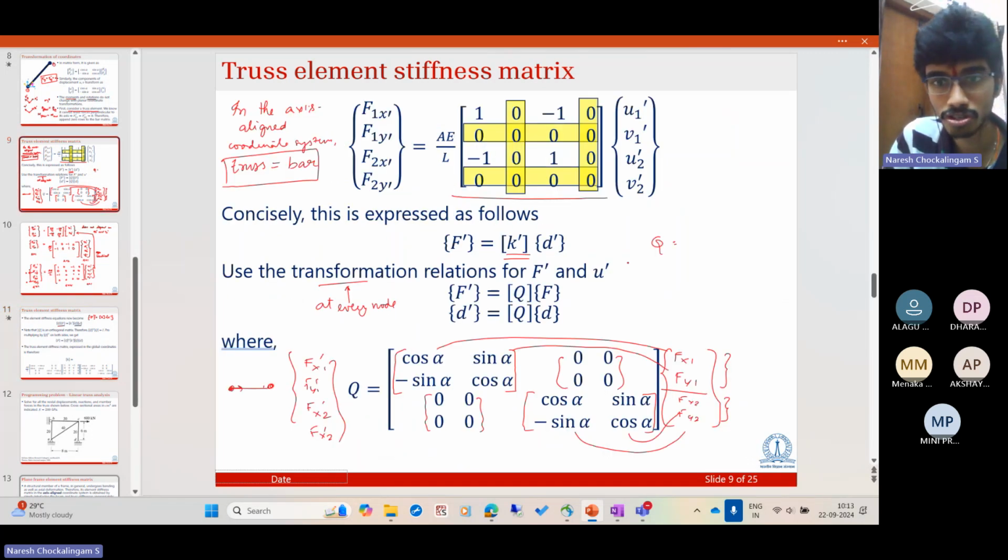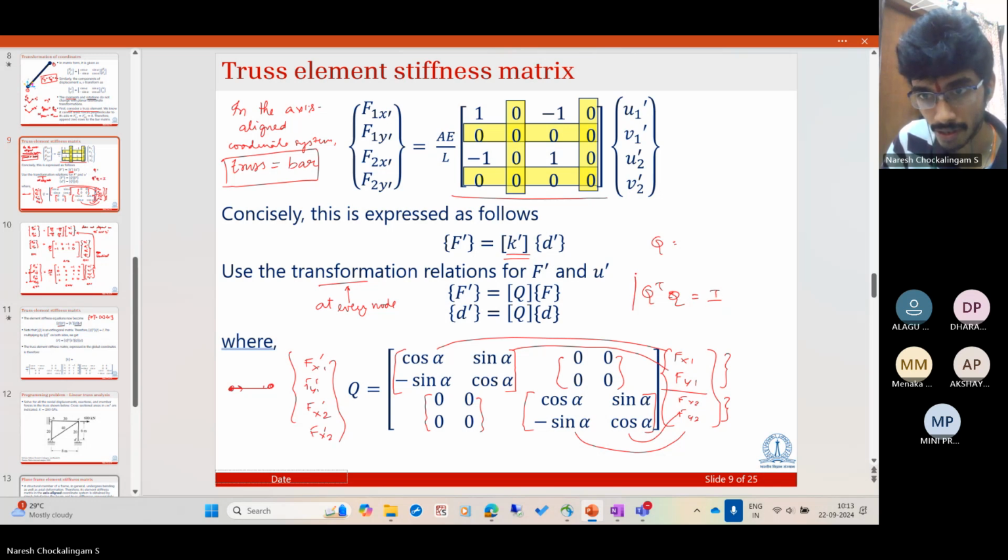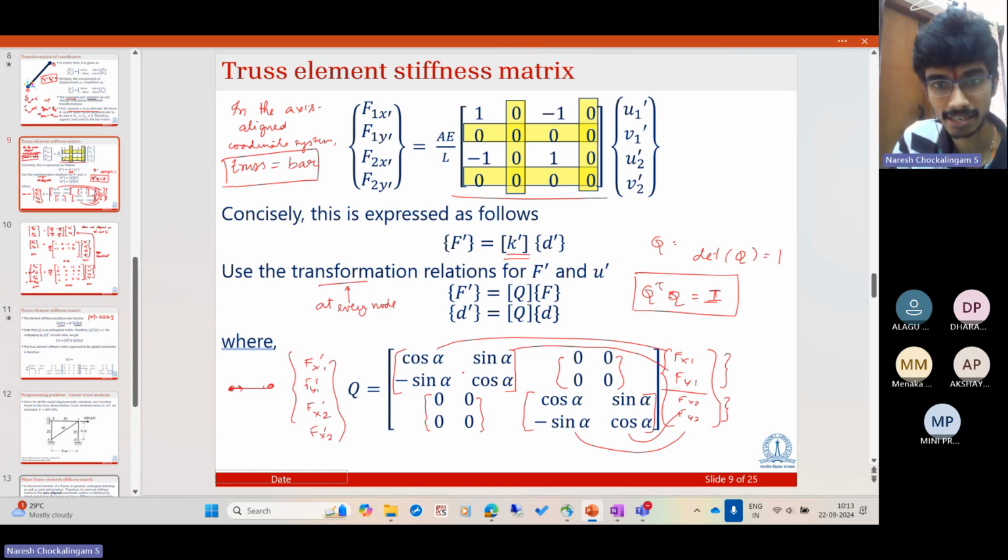If you do Q transpose Q, you will get identity, and the determinant of Q is 1. It's very straightforward. You can find the determinant of Q.